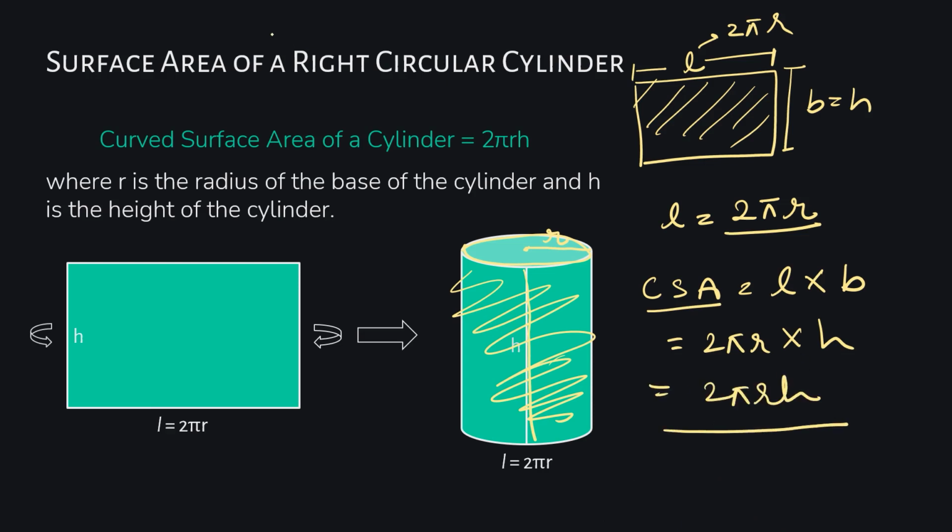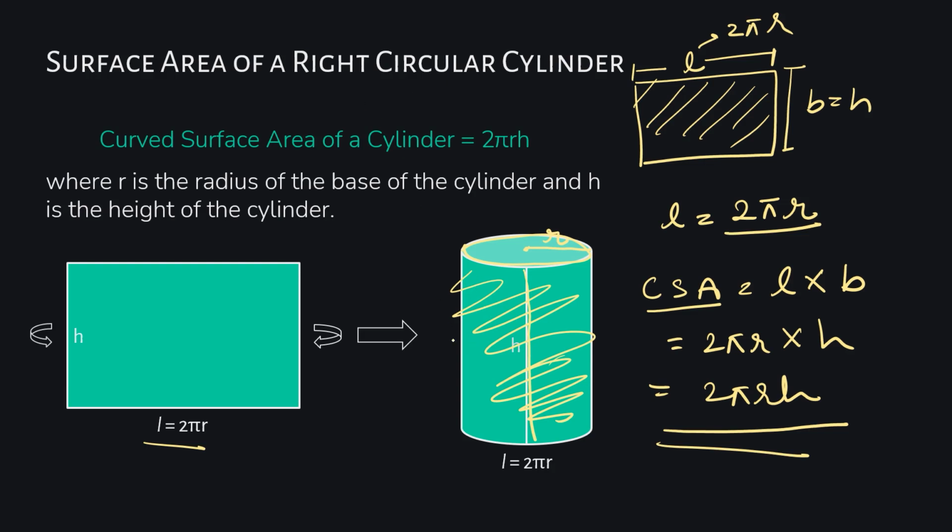This is the curved surface area of a right circular cylinder. That is length into breadth of the rectangle, which is 2 pi r, where r is the radius of the cylinder, and the height is given by the breadth of the rectangle. So we have hence found the curved surface area of the cylinder.